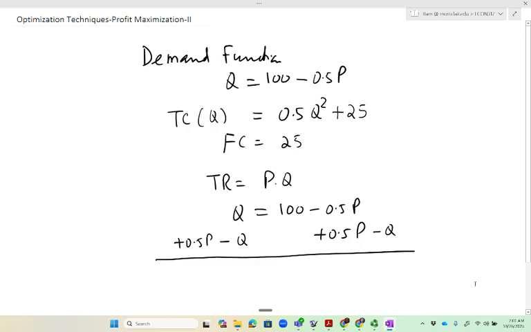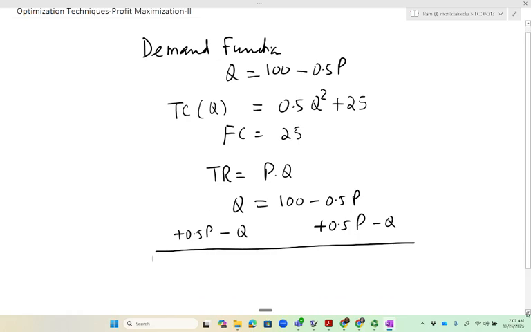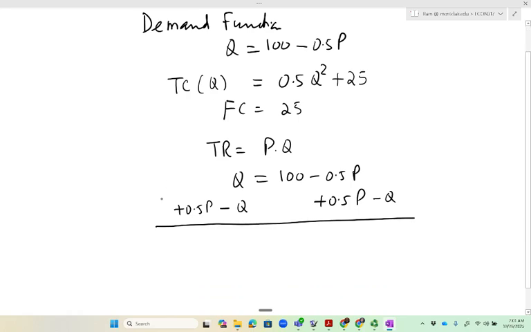Given this, I am able to find out the inverse demand function in one more step. So I have Q and minus Q cancel out, minus 0.5p plus 0.5p cancel out. So I have 0.5p on the left hand side by itself. And I have 100 minus Q on the right hand side. Then I go further.